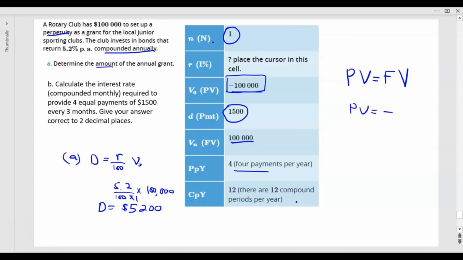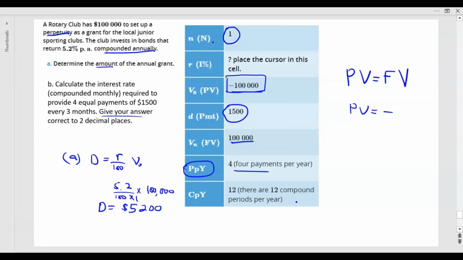Now, calculate the interest compounded monthly. If it's monthly, that means you need to change that. If you happen to use your finance solver, the CPY needs to be 12, and this is asking us for the interest rate.